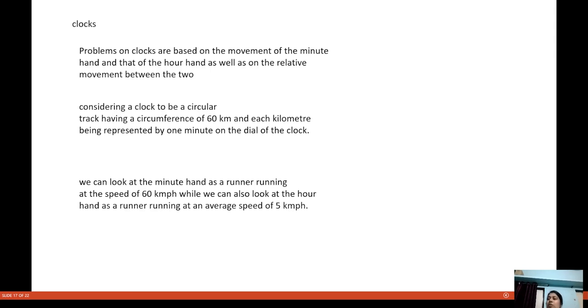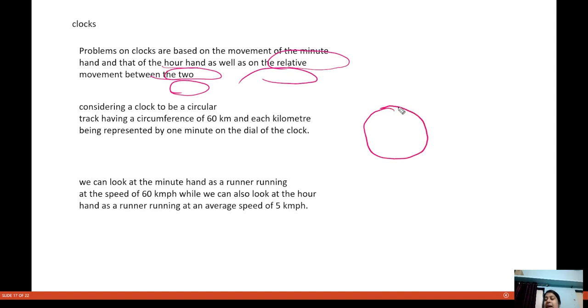For our numerical problems, since problems on clocks are based on the movement of the minute hand and the hour hand, as well as the relative movement between the two, we will consider a clock as a circular track with a circumference of 60 kilometers.